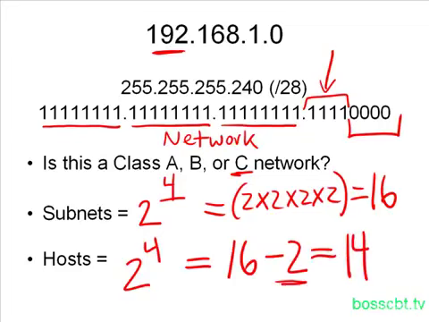Don't forget the minus 2, we're subtracting the network number and the broadcast number in order to find the number of valid hosts. Okay, so that's it. We've determined that by using this subnet mask, we can create 16 different subnets, and each subnet is going to have 14 valid hosts. Let's go ahead and look at another example.